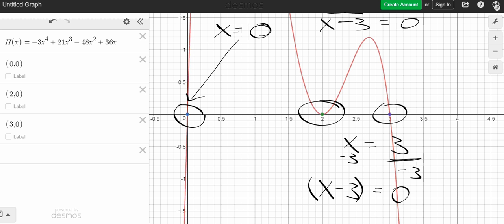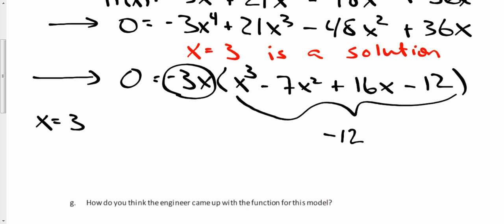Now, that's an important point conceptually with what we're doing over here. Remember, we take the solution, x equals 3, and we turn it into a factor. This is my factor.